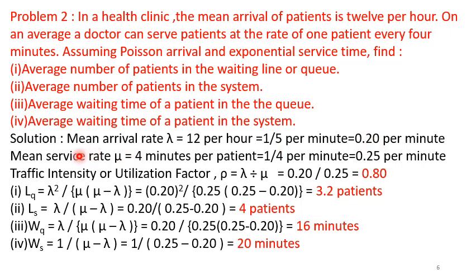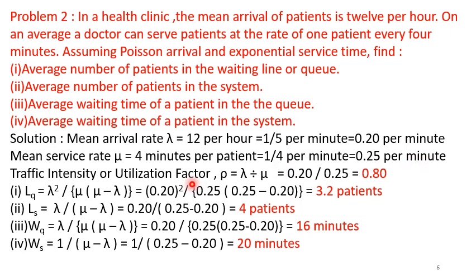Similarly, the mean service rate mu: one patient is served every 4 minutes, which means 4 minutes per patient, so 1 by 4 per minute, that is 0.25 patients per minute.